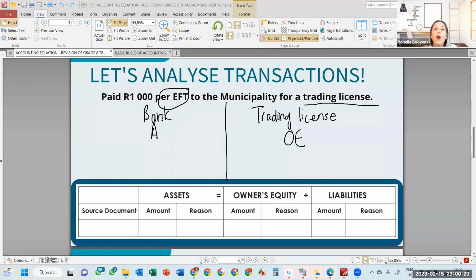Right. So what happens here now? What happened to the money in the business's bank account? If our business pays out R1,000 to the municipality, do you agree that the money in our business's bank account decreases, because now there is less money in that bank account? Good. What do all expenses do to the owner's equity?